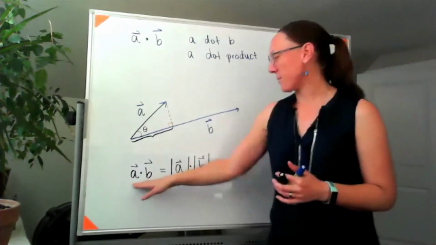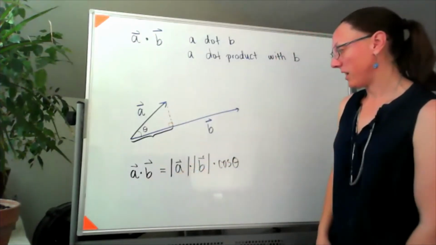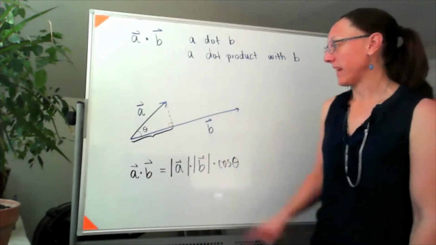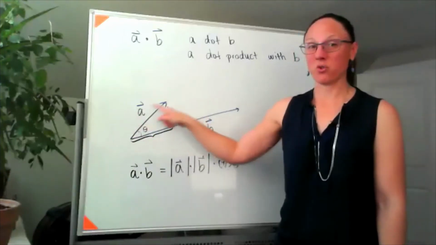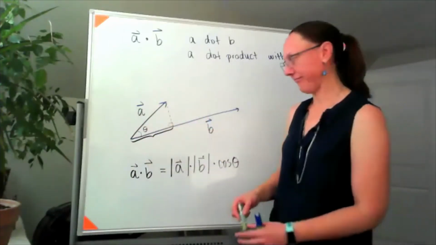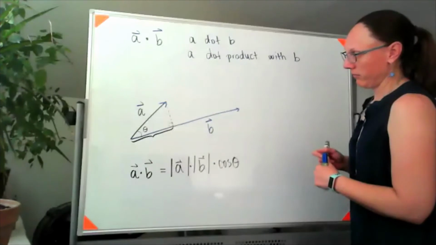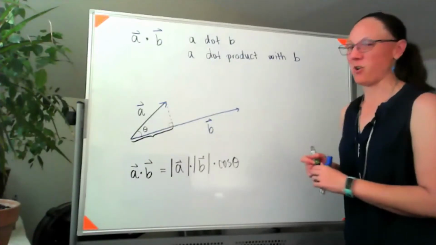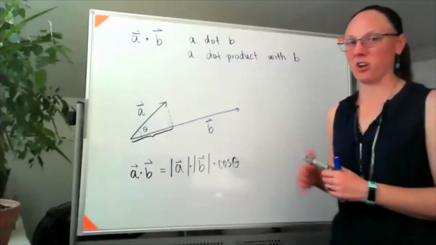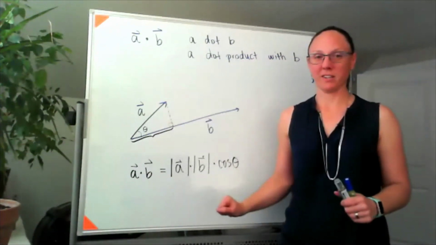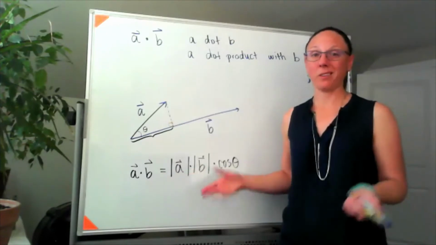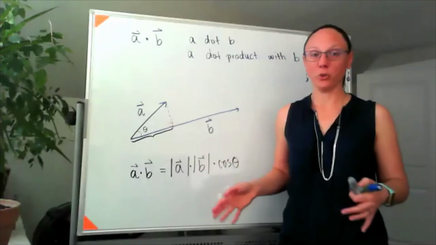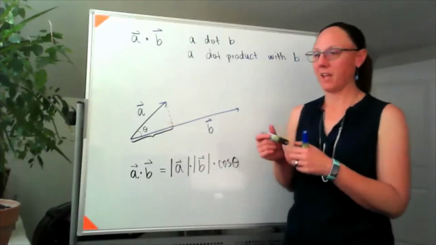So I'll get to this piece in a second, but if I just look at this triangle for a minute, now I said I wasn't going to get too deeply into the geometry. This is a formula that you need to memorize. So let's look at actually doing something with it.